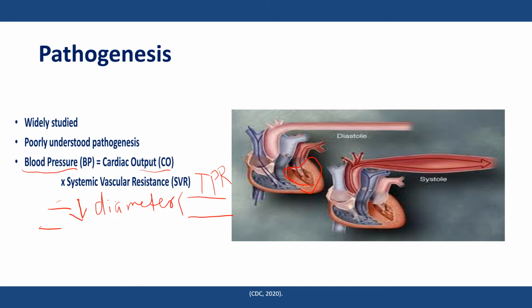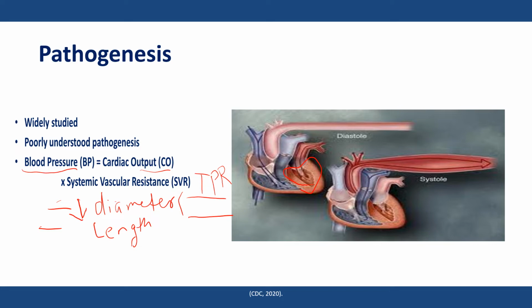And the second part of the story is length. Now, we are not necessarily increasing or decreasing the length on any given day, but generally speaking, when you have a client with a larger body mass, an obese client, every kilogram of fat requires more blood vessel, right? More blood supply.